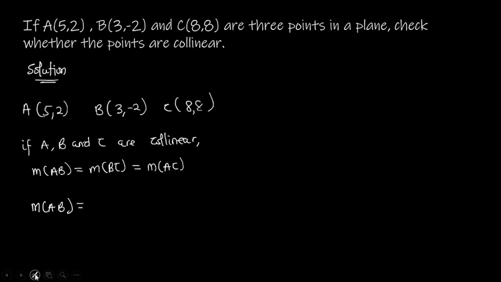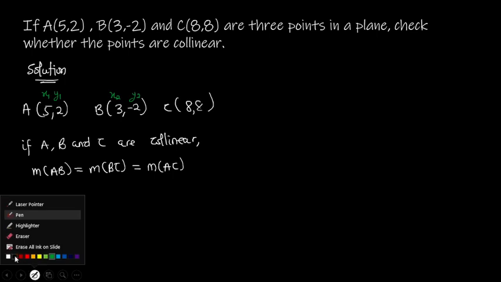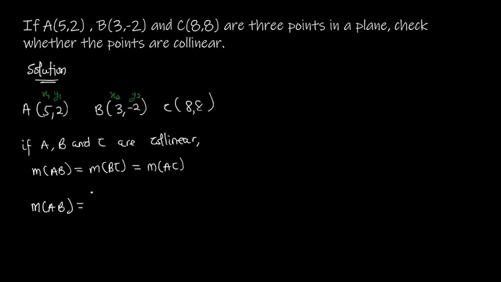So for my points AB, this becomes my x1, y1, x2, y2. Okay, so my formula is y2 minus y1 over x2 minus x1.